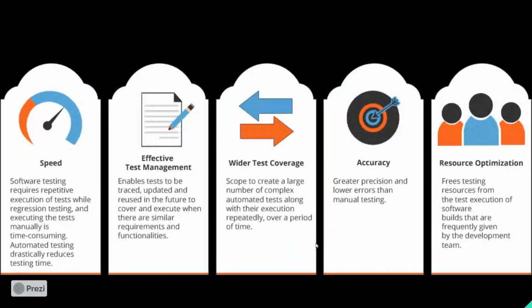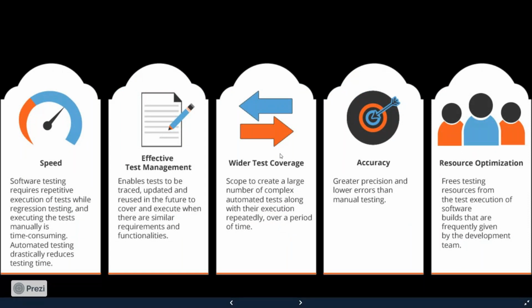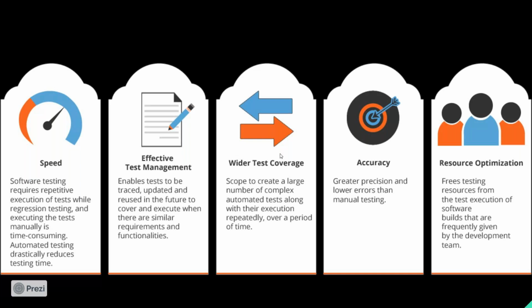In continuation with the previous points, we can also see a wider test coverage. That means we can start scripting a large number of automation test cases over a period of time.